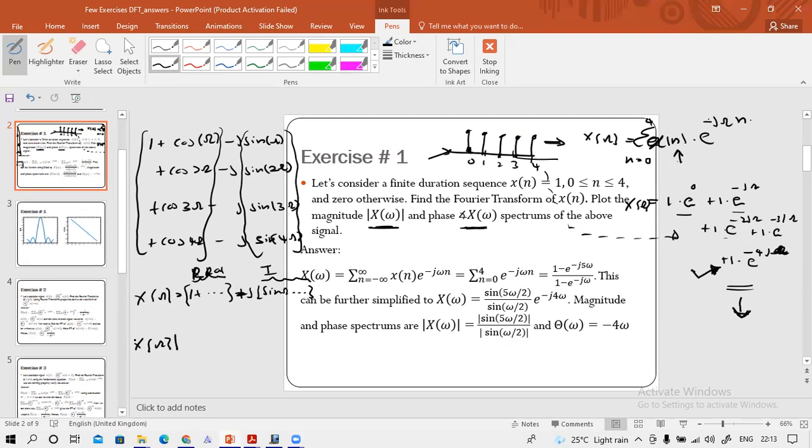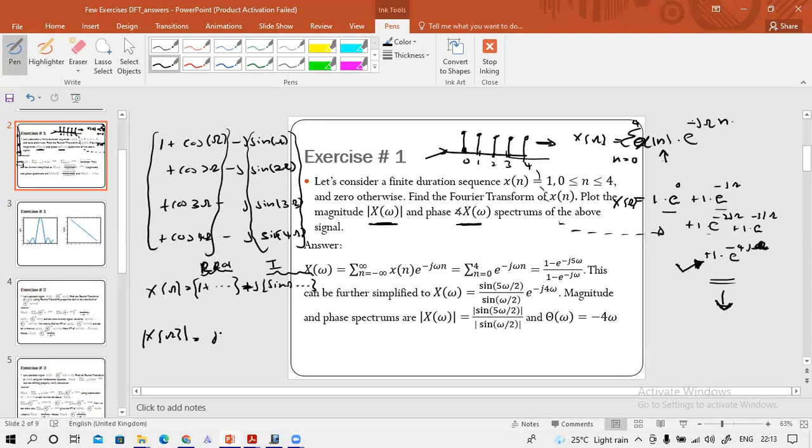Magnitude is the square root of R squared plus I squared. This is the magnitude plot, and you can see it is very hard to plot here.